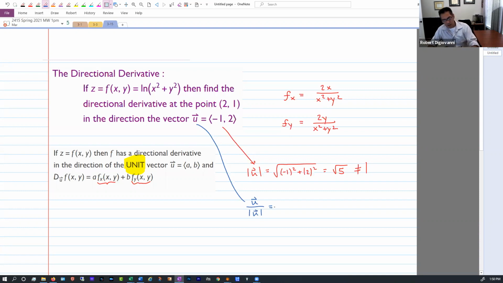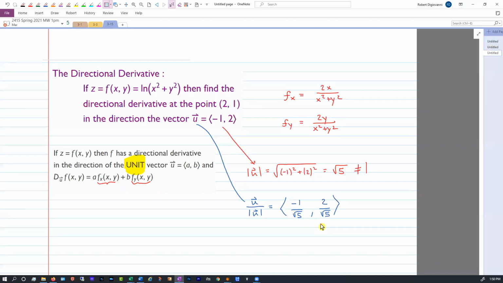So that means you take each of the components and divide them by the length of this vector, which we already said was square root of 5. Now, I promise you that this vector points in the same direction as u, but does have a length of 1. Does that make sense, Daisy? Yes.